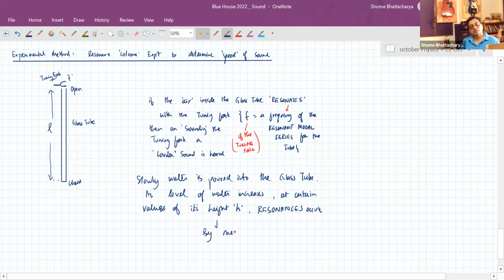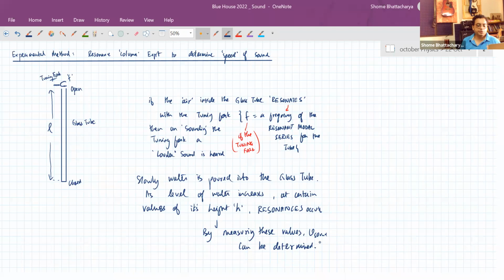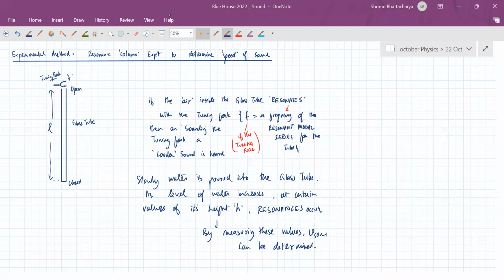By measuring these values, the speed of sound can be determined. This is an experiment that is there in your practical physics at 10+2 level, but I don't know when you people will get to do all the practicals, and also just explaining the experiment in detail. Just make a quick note of this concept related to the experiment. We'll discuss the numerical part involved next.